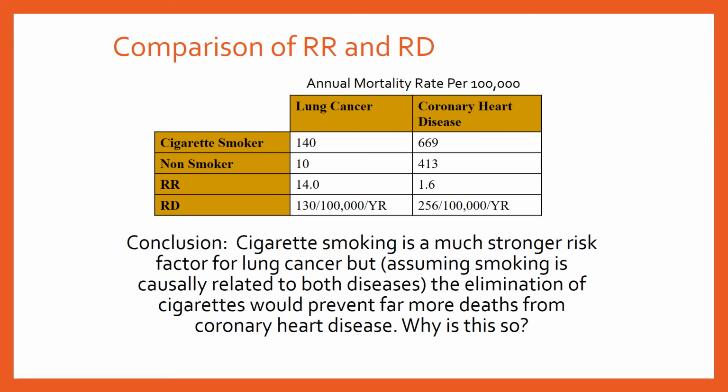The reason here is that coronary heart disease is so much more common than lung cancer. So especially with conditions that are very common, if you're interested in, at the population level, eliminating morbidity or mortality from a certain condition, you want to look at the risk difference, not just the relative risk.